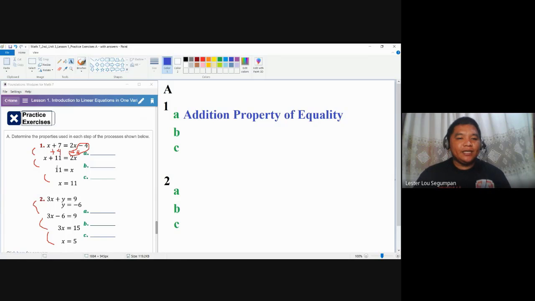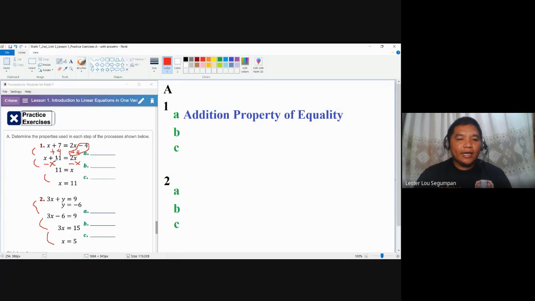The next step, for letter B, is from this expression to 11 is equal to x. What has been observed here is that there is an absence of the term x on this side. We also observe that 2x reduced down to x, or 1x. What actually happened is we subtracted x on both sides.